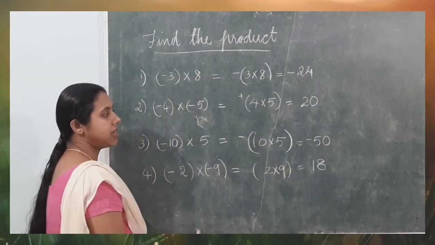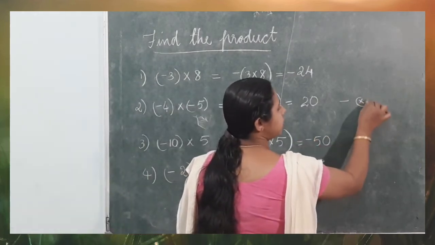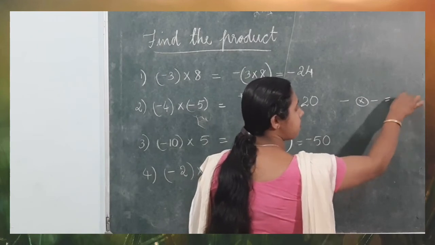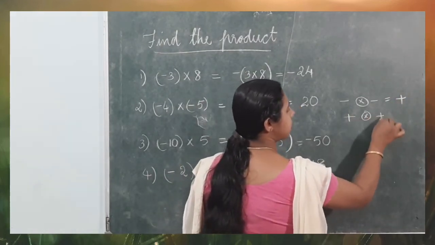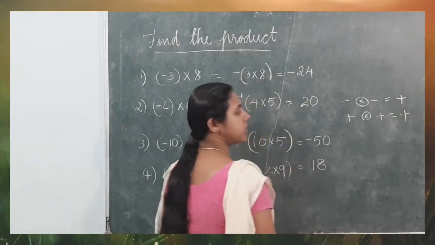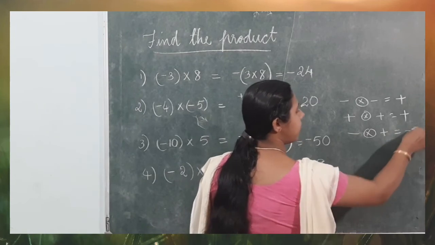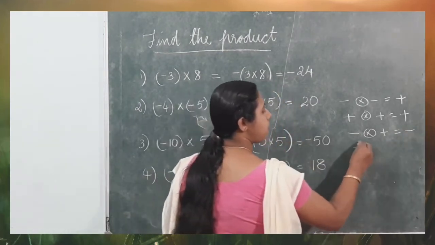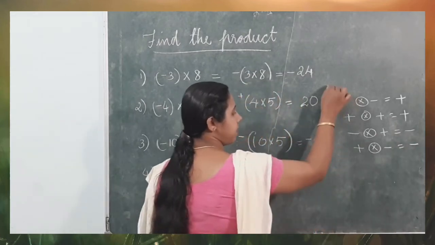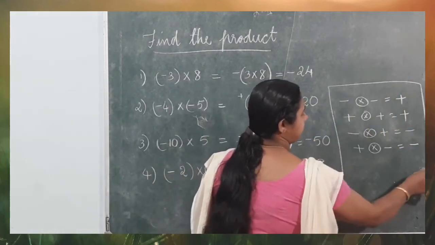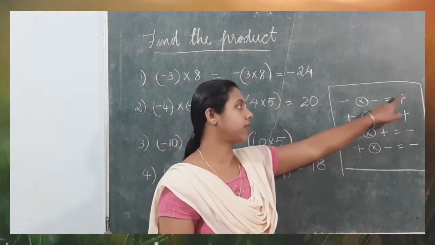So from these examples it's clear for you. Negative into negative is equal to positive. Positive into positive is equal to positive. Negative into positive is equal to negative. Positive into negative is equal to negative. When you are multiplying two negative integers, you will get a positive integer as the product.